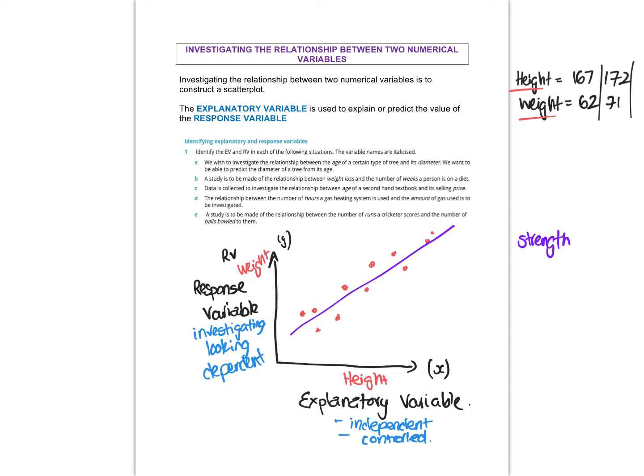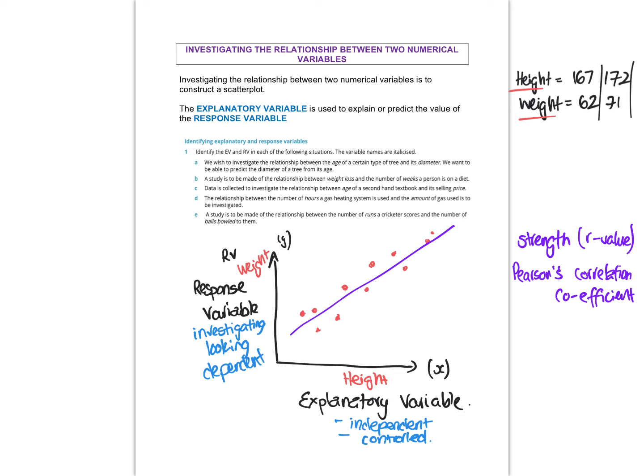We measured the strength by using the R value. The R value was also known as Pearson's correlation coefficient. Sometimes they might call it that, sometimes just the R value. If it was going upwards, it was going to be a positive R. If it was going down, it was going to be negative.